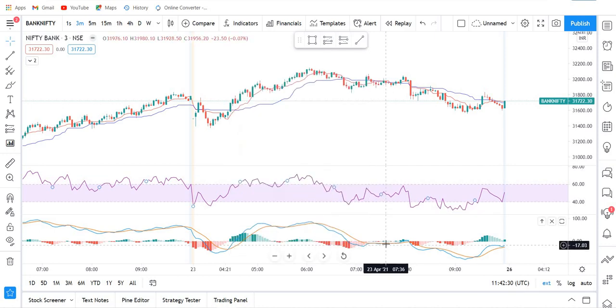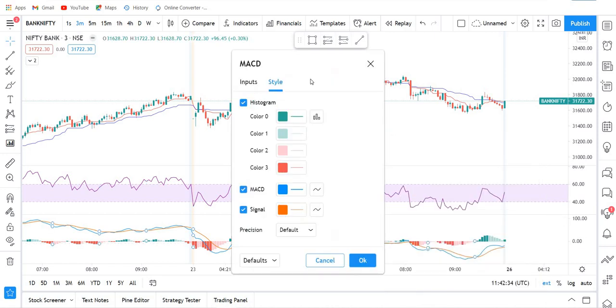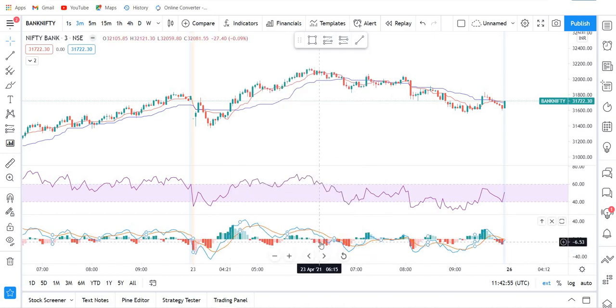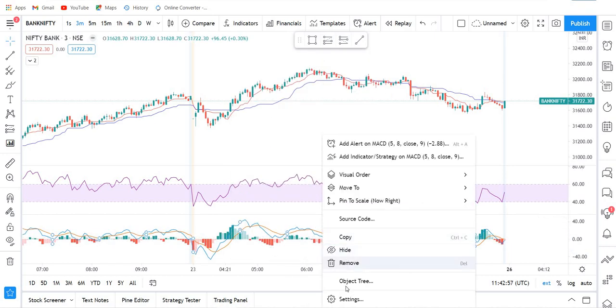Please be very careful. Keep on listening carefully. And then we are going to change the settings of the MACD also. Five, and this is going to be 8, and this is same as chart, so it will be 3 itself. Okay, here we have it.